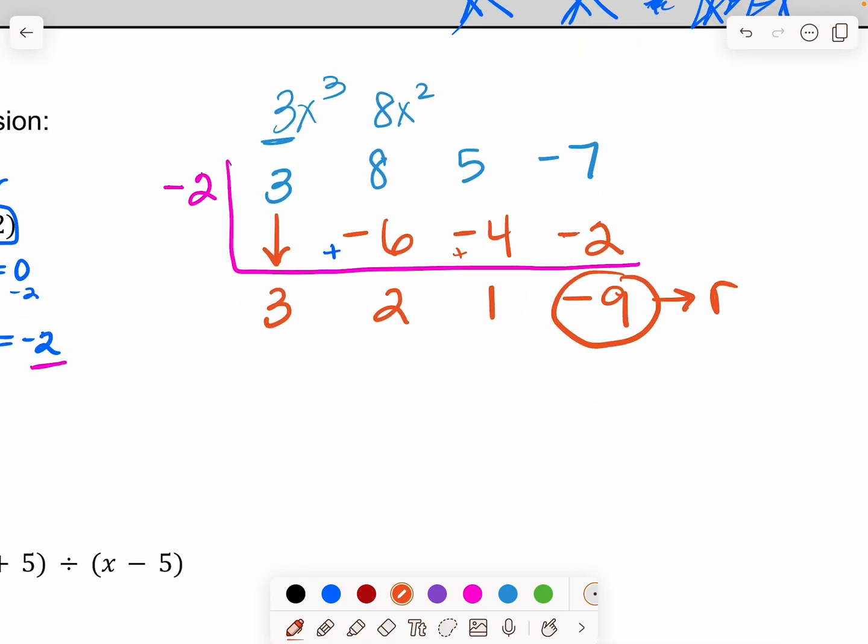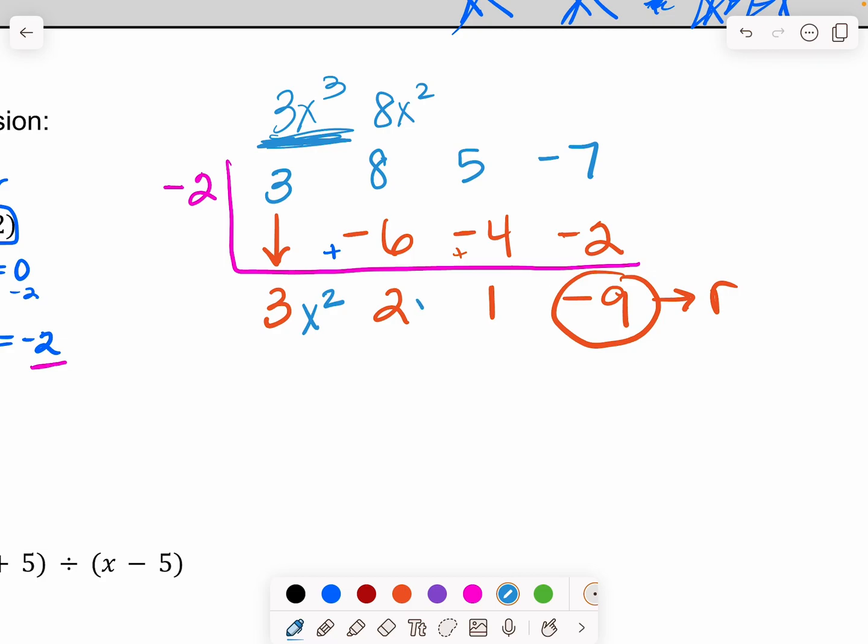Now, initially, we started with 3x to the third. When you do synthetic division, you are working now with the numbers down here. You always decrease the exponent by 1. So if this started with x to the third, this is now x squared.